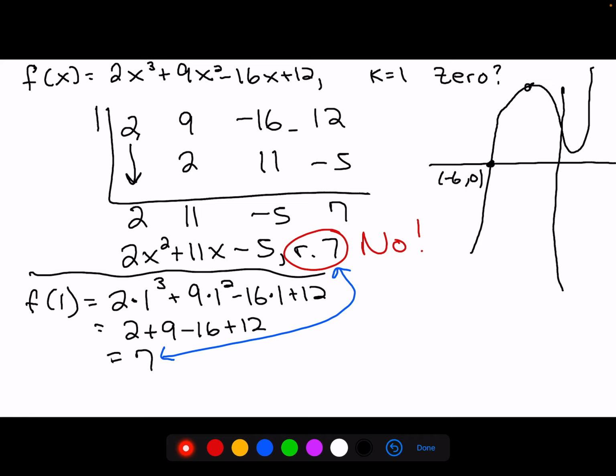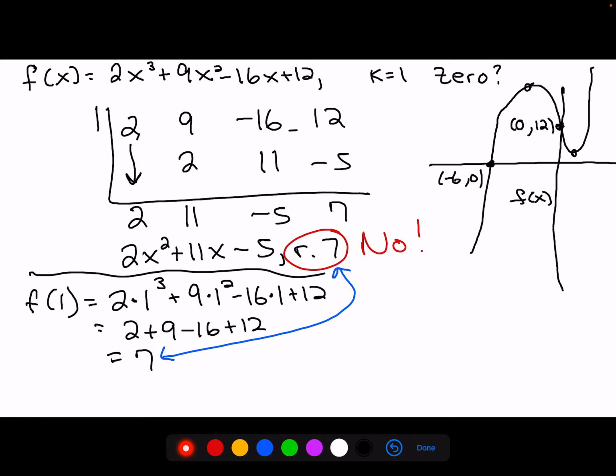So Desmos did several key points, including my x-intercept and my y-intercept, and including that relative max, relative min, and those two inflection points. Anyways, you can put your f of x in Desmos and see that.